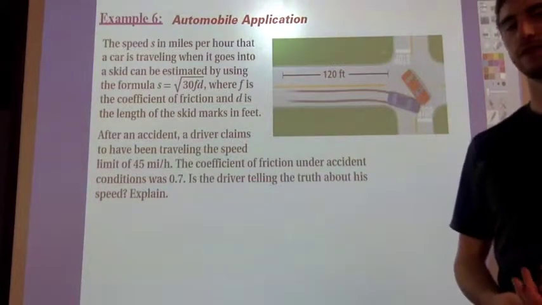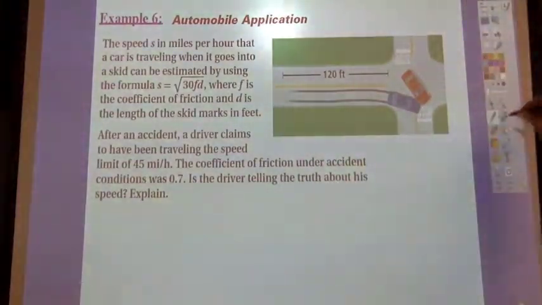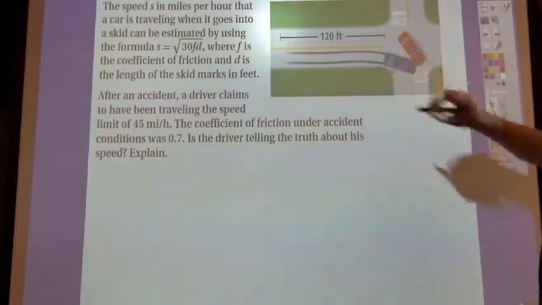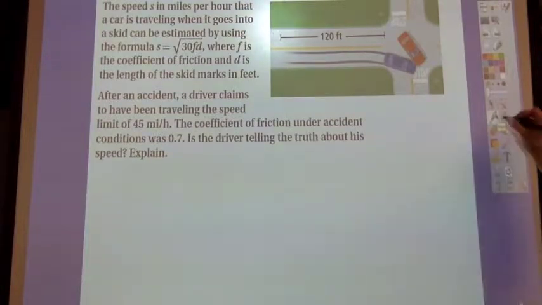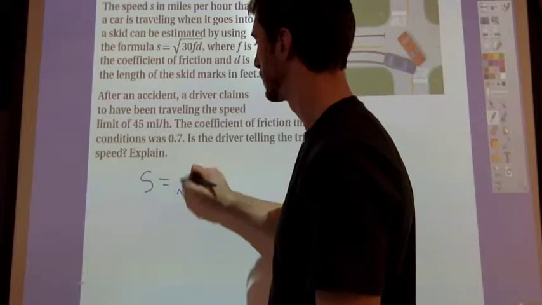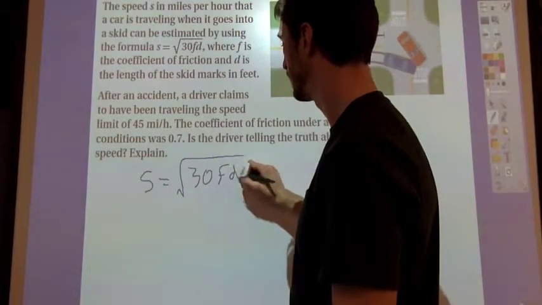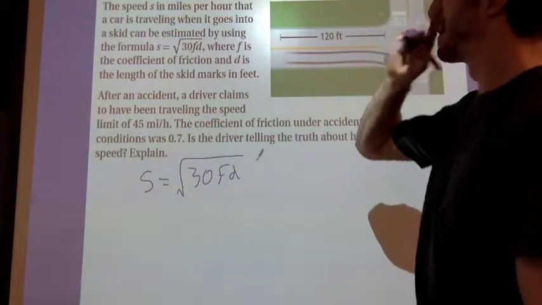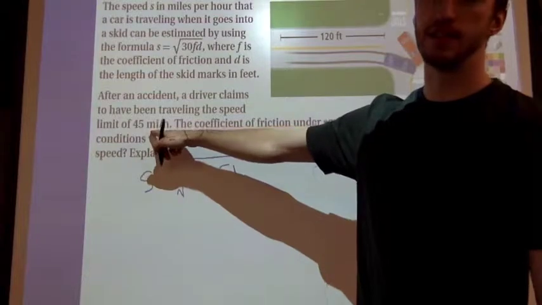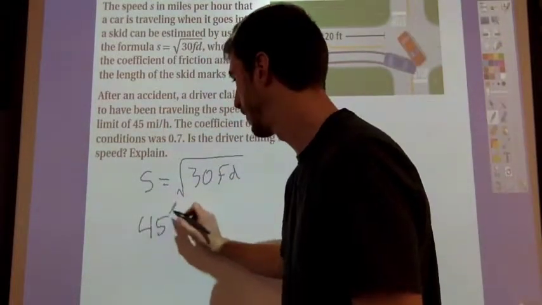Okay, so we're going to be detectives and see if we need to give this guy a ticket or not. So I'm going to move this up. And we've got our formula, s equals the square root of 30FD. We know what the speed is that he says he was going. He says he was going 45.